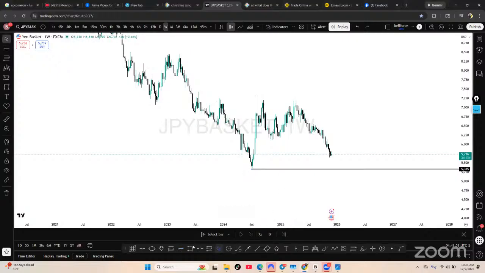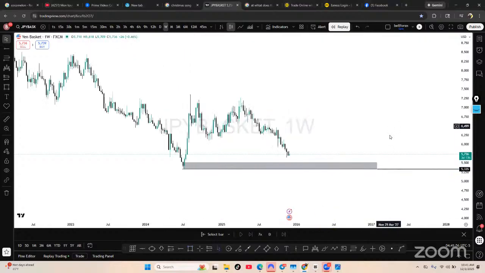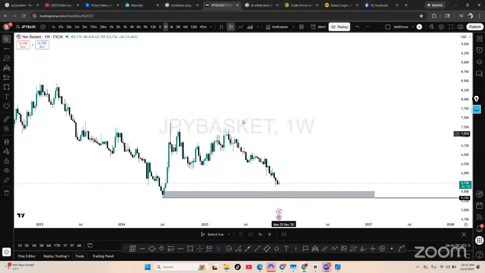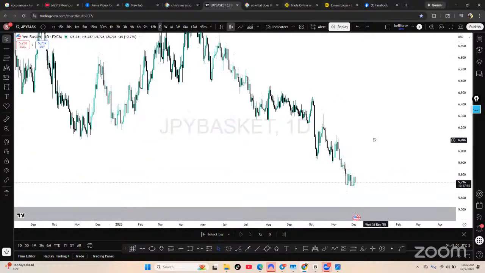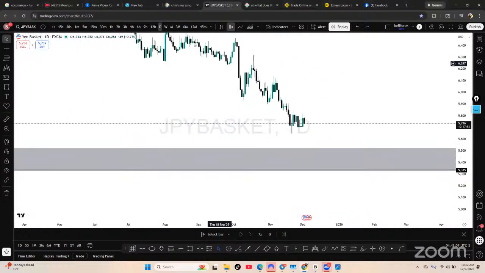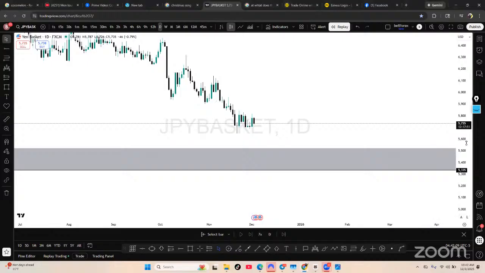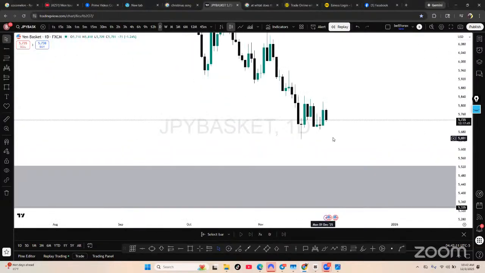So if you want to look at the yen basket, a resistance structure is being targeted. So yen is on the downside. So it's weak. It is true that the yen basket is trying to mitigate.